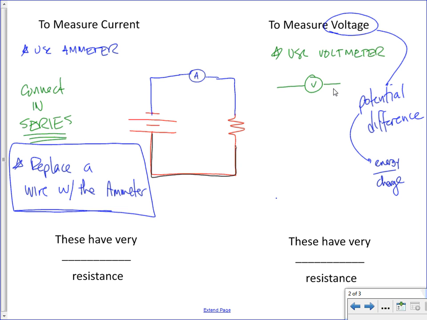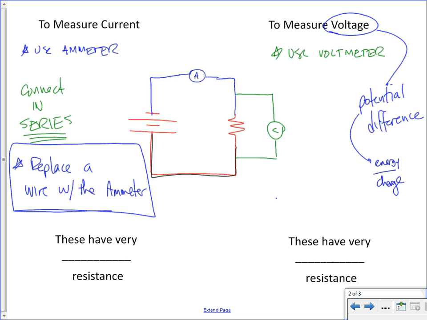If we want to measure, say, the potential difference across the resistor, that's the proper terminology, well, what you do is connect one end of the voltmeter before the resistor, one end or lead of the voltmeter after the resistor.